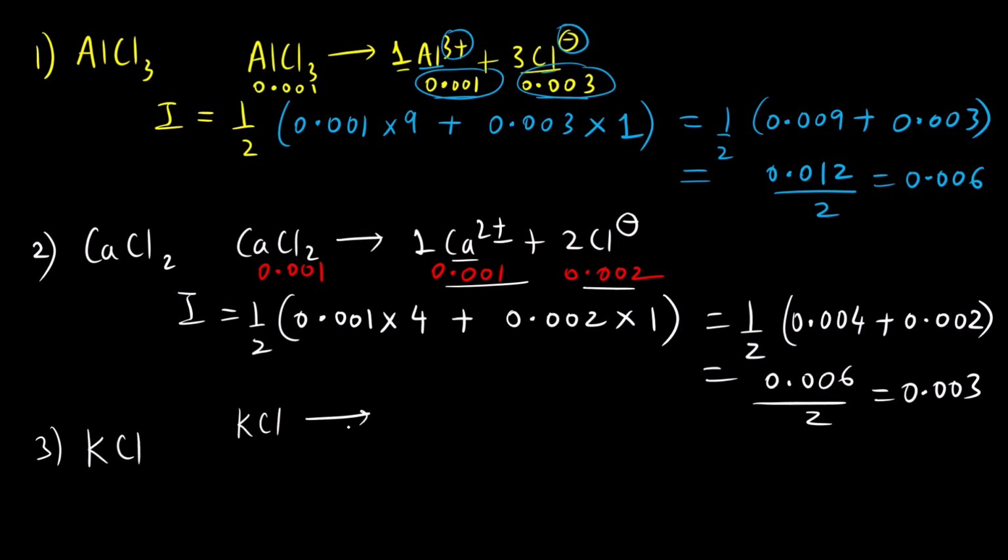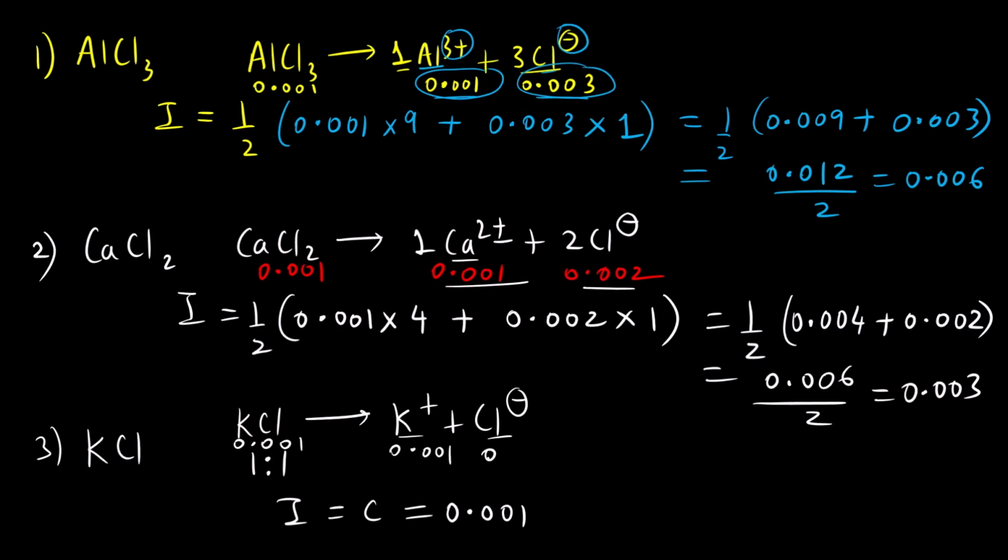KCl you can remember is a 1:1 electrolyte. For this, the ionic strength is the same as the concentration, 0.001. We can calculate it as well: K+ and Cl-, each 0.001.